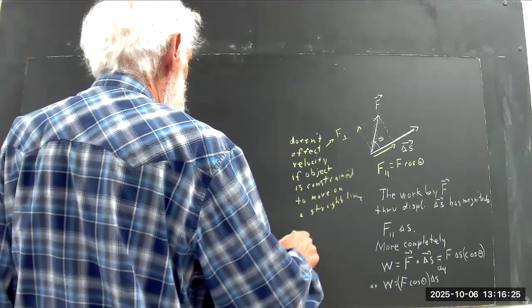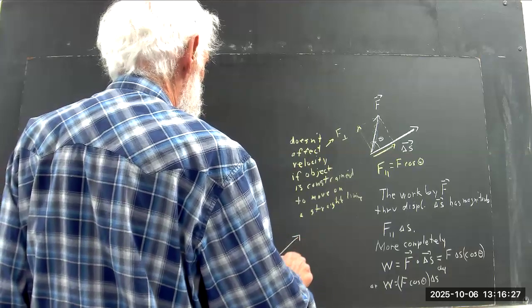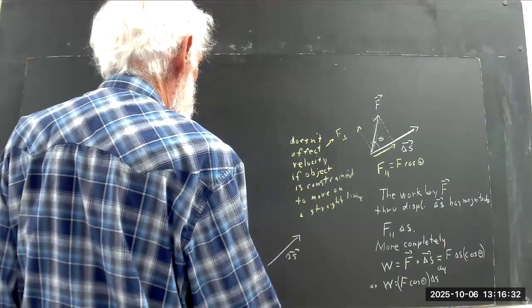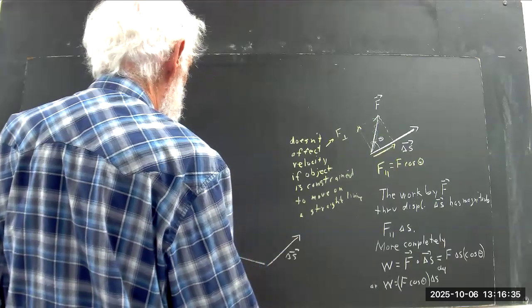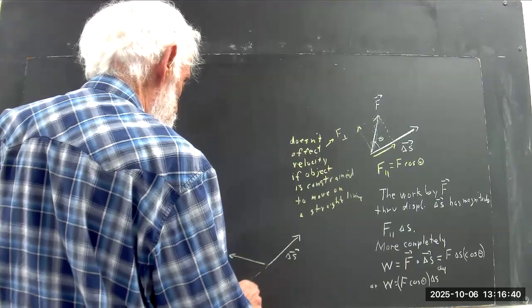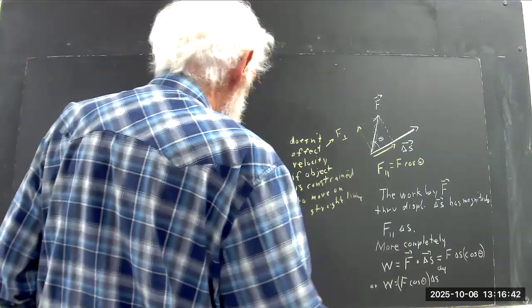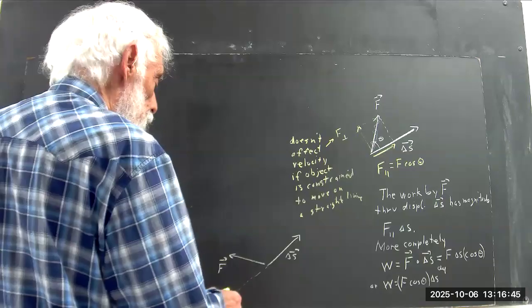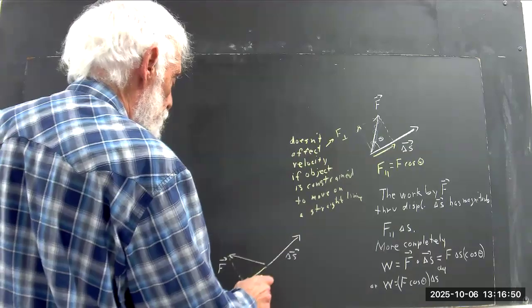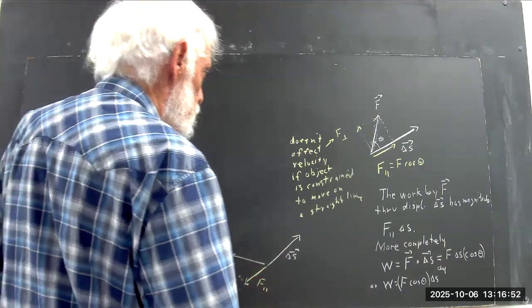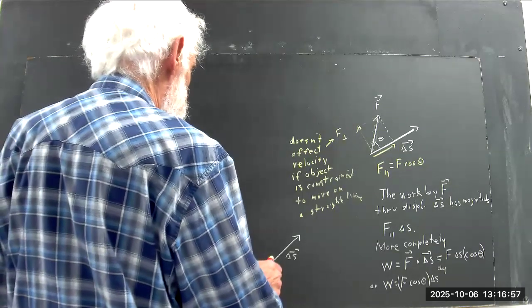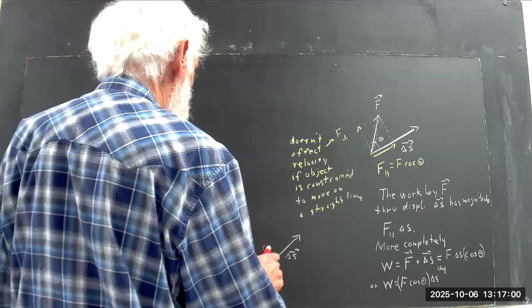Now we want to consider if your force was back this way, then F parallel, the component of F along the line of S, is still, here's your angle theta.